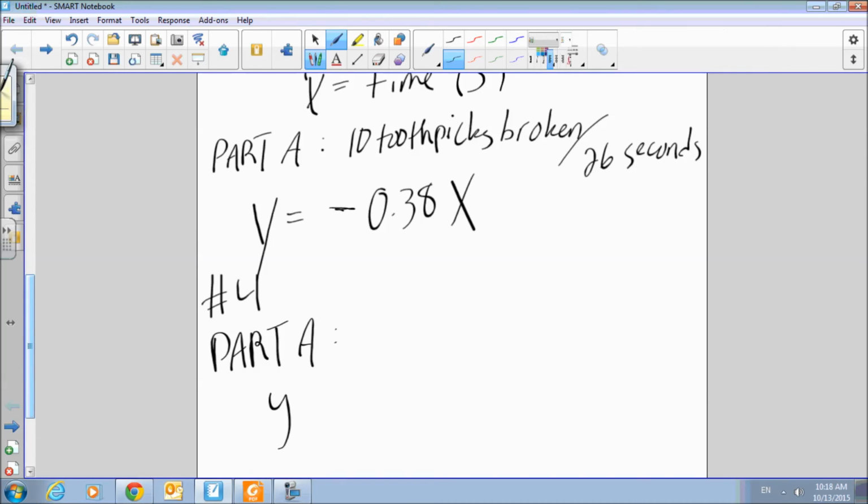So that's y equals negative 0.38x. In the question, it says there's 100 toothpicks to start with. So how would I represent that in my equation? Remember, y, our left side equals the number of toothpicks. So how would I add 100 toothpicks to y? Plus 100, right.